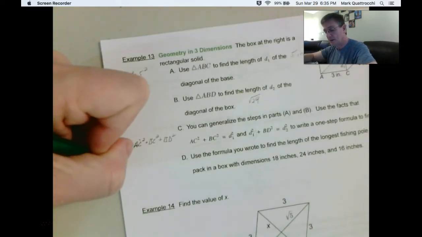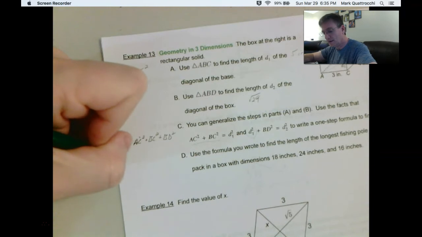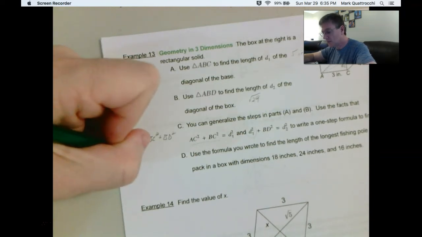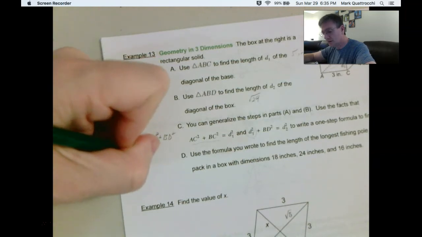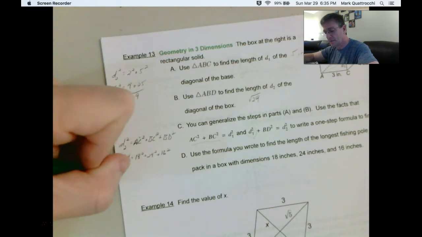So I'm going to still call it D2 instead of fishing pole. D2 squared equals 18 squared plus 24 squared plus 16 squared.